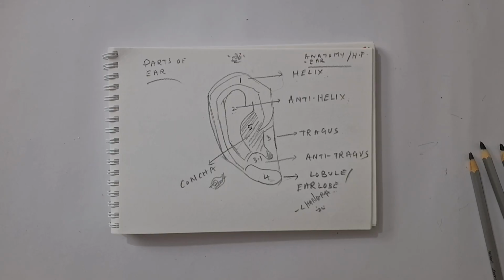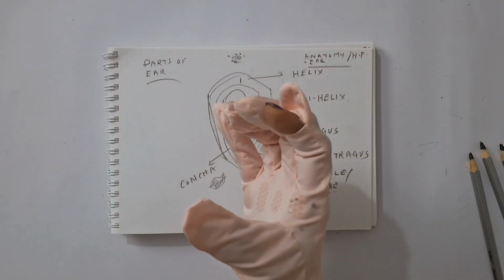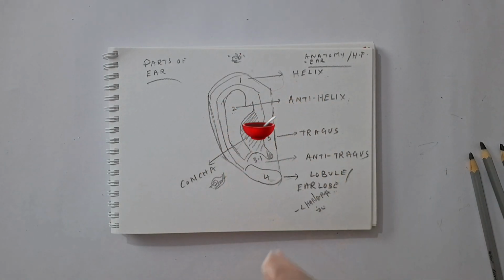It is a deep bowl-shaped hollow in the center of the outer ear auricle that forms the entrance to the ear canal. You can find a canal or a hole going inside. Touch your own ear and see. Found it? Yes.